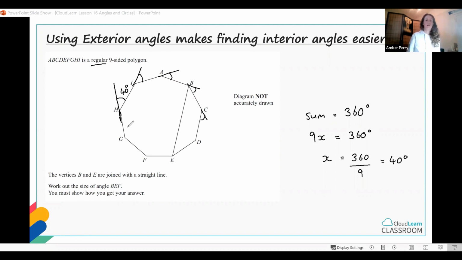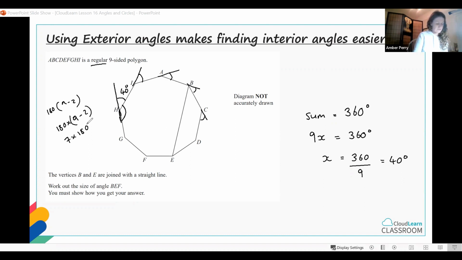Okay, so last week or 2 weeks ago, we did some work where we learned how to find the interior angles, where we had to think about how many triangles there are in there. Do you remember? There's always going to be n minus 2 triangles times by 180. So n in this example is 9. So it's going to be 180 times 9 minus 2, which is 7 times 180.